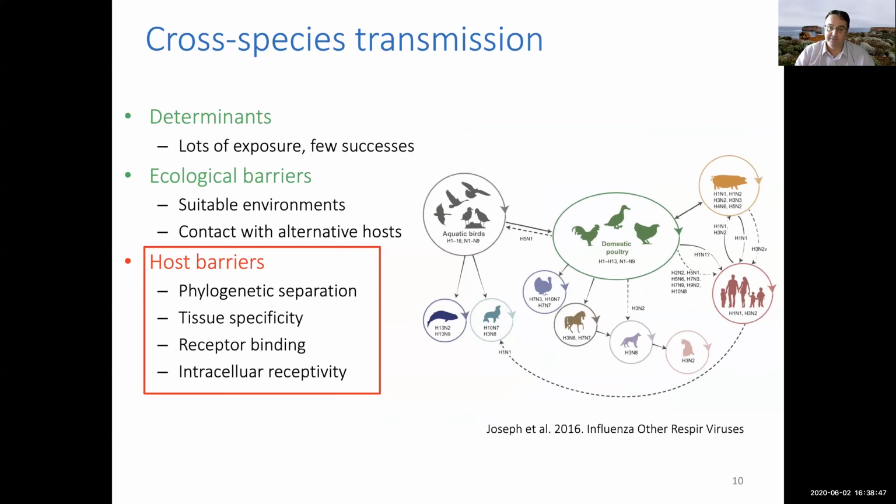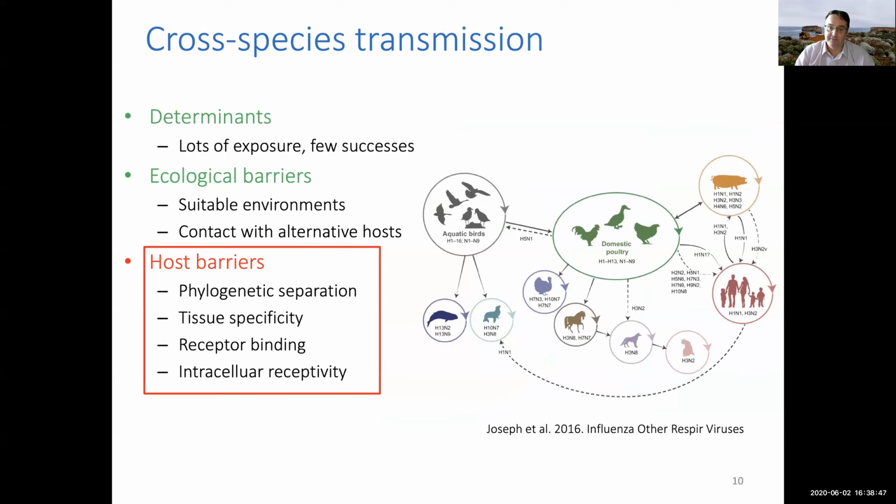So what are some examples of this? With different hosts, we have a different environment for the virus to try and replicate in. A very well-known example is that the influenza PB2 gene has a mutation that is a major determinant of the adaptation of an avian influenza virus to humans. How this works is that it allows the virus to replicate efficiently in the upper respiratory tract of humans.